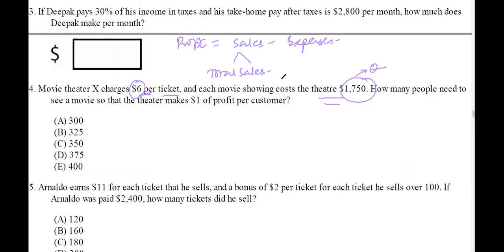Total sales would be calculated by the number of tickets sold multiplied with price. Are you getting this point? Yes. This is how you will calculate it, number of tickets into price.